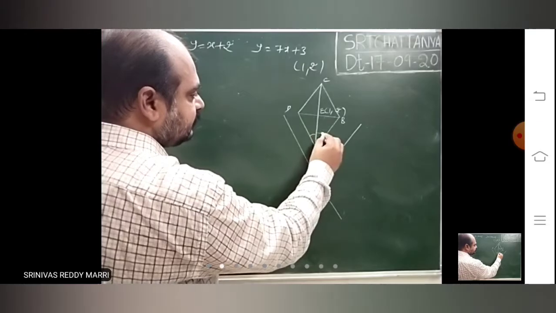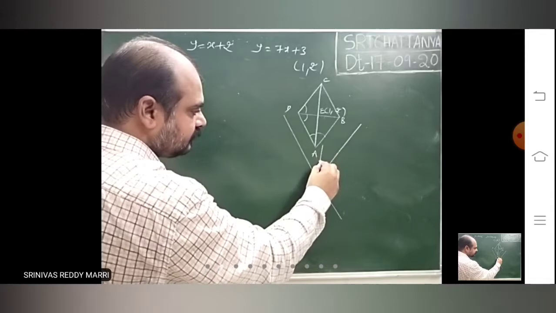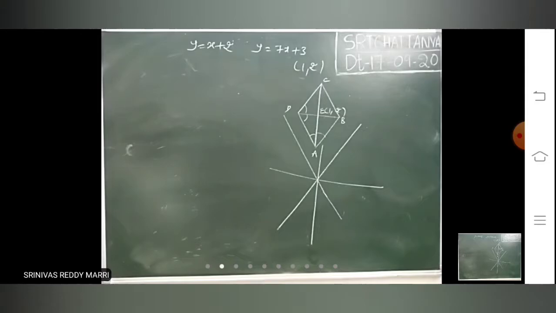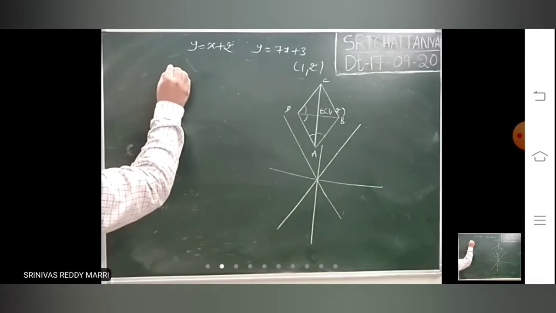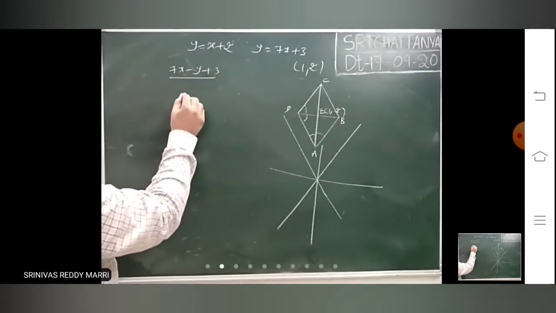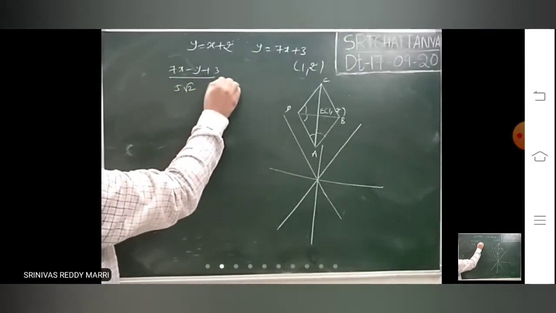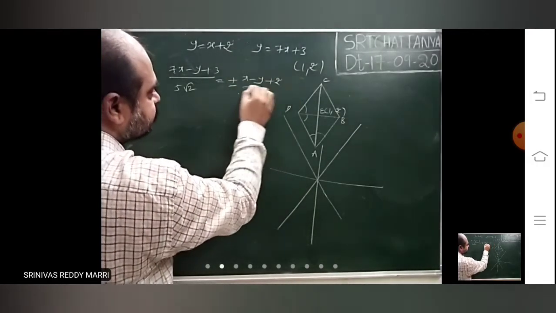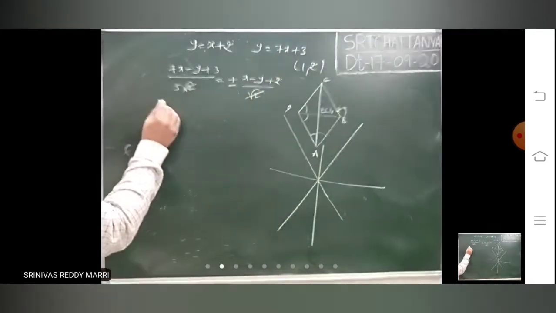Now this angle is equal. That means this is one angular bisector, and this is another angular bisector. So the diagonals will be parallel to the angular bisectors of these two lines. That means I am writing (7x minus y plus 3) divided by root 50, which is 5 root 2, equal to plus or minus (x minus y plus 2) divided by root 2. I am writing the angular bisectors of this line and this line.